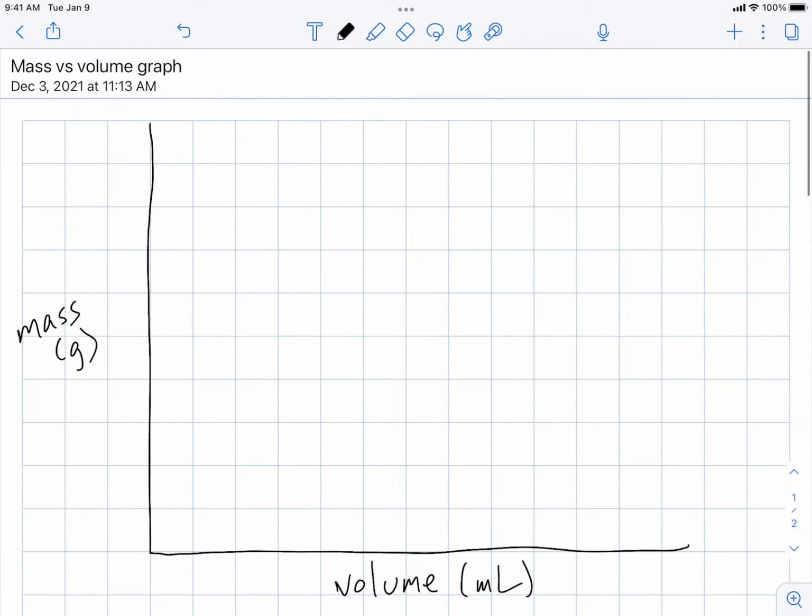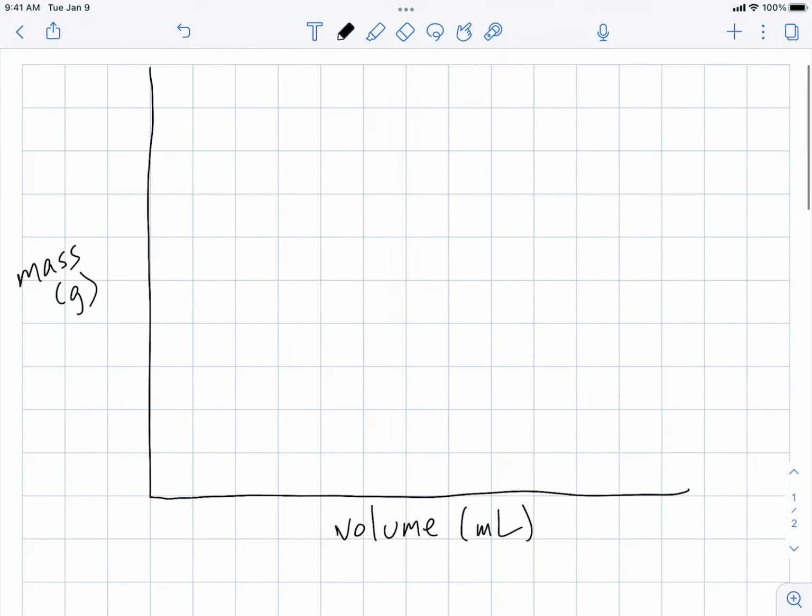All right. So what we're going to do now, we have to figure out how much each of these lines or boxes is worth, because we want to be able to graph our data. And graphs are visual, and so we want something that's big that we can see the trend more easily.